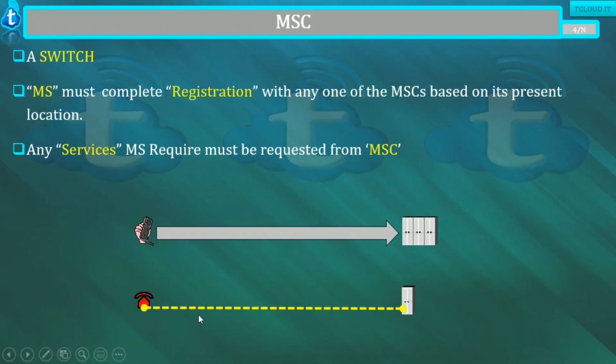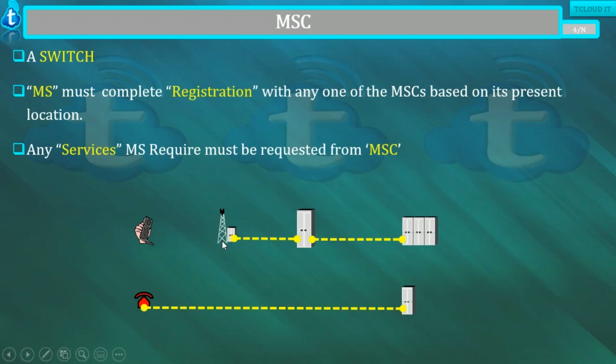But the literal difference is landline phone is directly connected to the switch with a wire. Whereas on the other hand, your mobile phone, if it wants to reach the switch, which is named as MSC in telecom terms, you don't have a wire available. You have to reach it with the help of the radio components which are connected to MSC with a wire, called BSC and BTS.